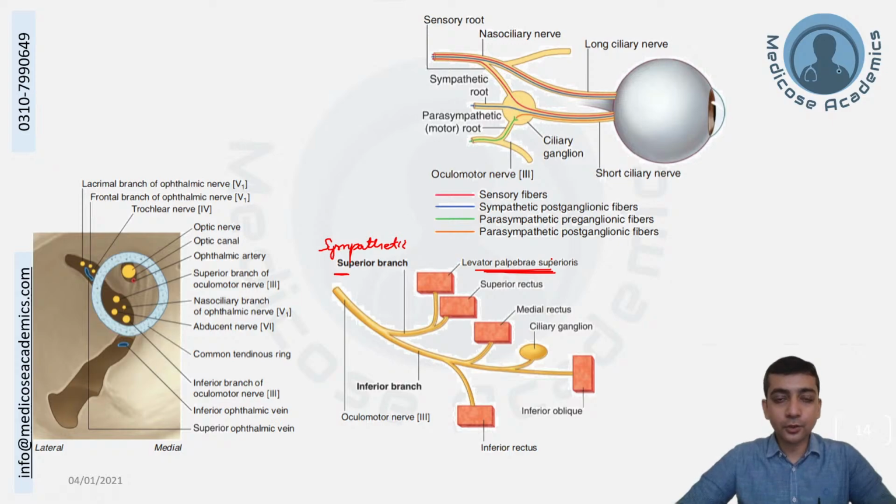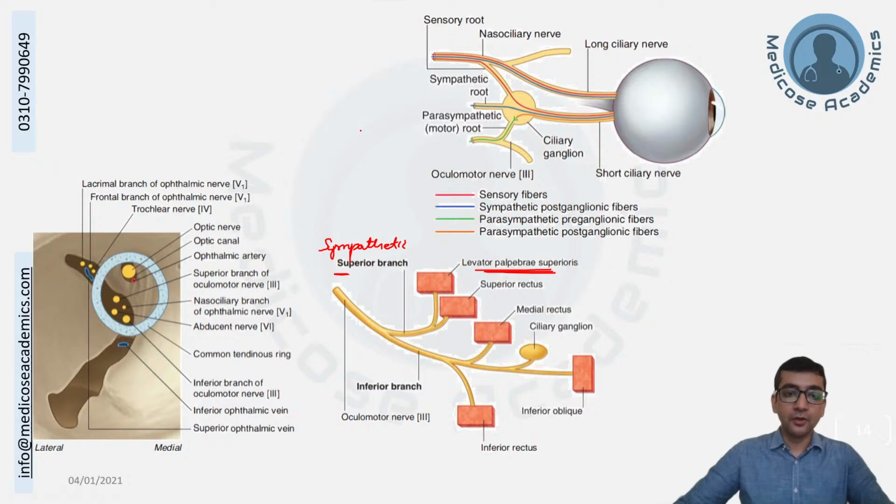But even if you are not doing anything, just sitting idly, there is some tone in the levator palpebrae superioris that maintains the muscle in a constant state of contraction and keeps the eye open. That is the sympathetic supply.